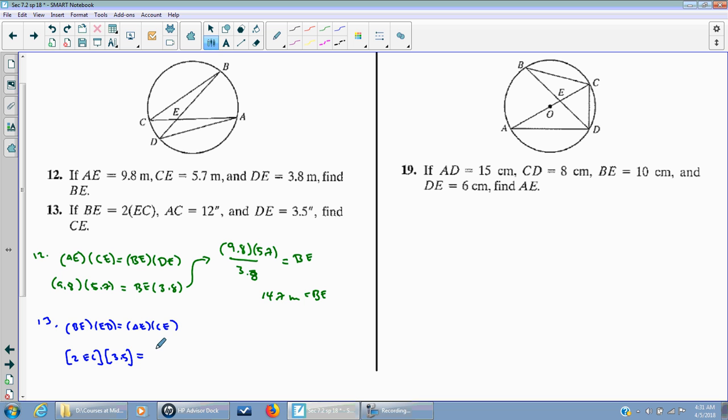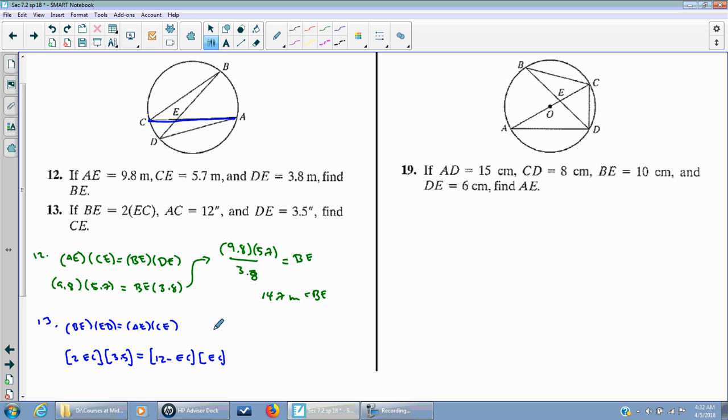AE, I don't know what AE is, but I do know if AC is 12, if from here to here is 12, then AE is 12 minus EC, and EC is just EC.